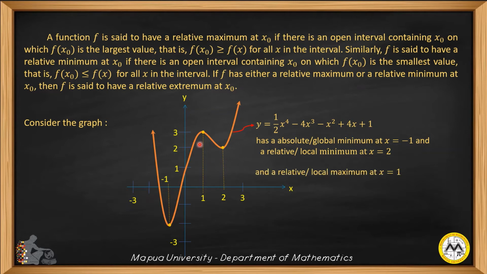And a point is highest either compared only to its neighbor or overall. In this case, this point is highest compared only to its neighbor points, and therefore it is referred to as a relative or local maximum.